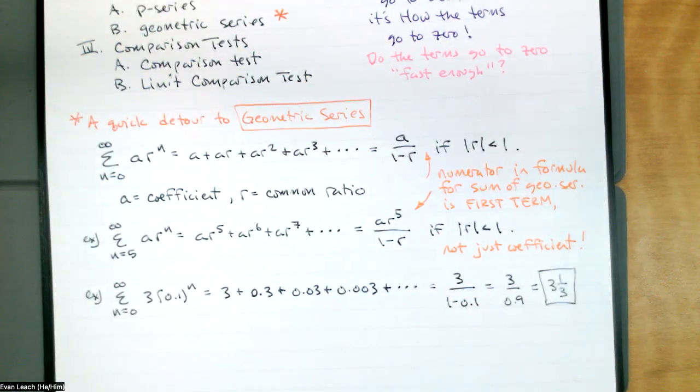So we're not surprised that this comes out to 3 1/3, because we can see that we're just building the 0.3 repeating by taking 0.1 to the n, with 0.1 as our common ratio.